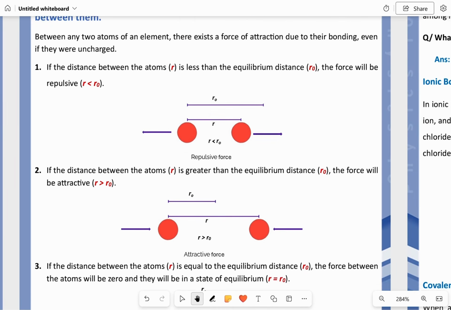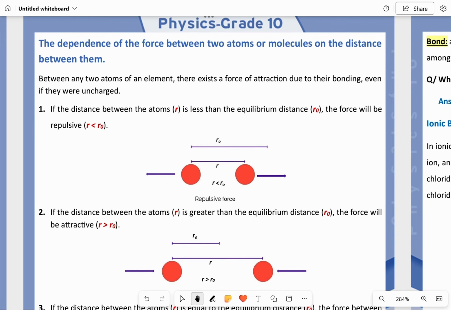I'll explain again. If you have two atoms, let's say this is the equilibrium distance between them, R naught. If the distance between the atoms, R, is less than the equilibrium distance R naught, the force will be repulsive. The two atoms have crossed this equilibrium distance and now they are too close.